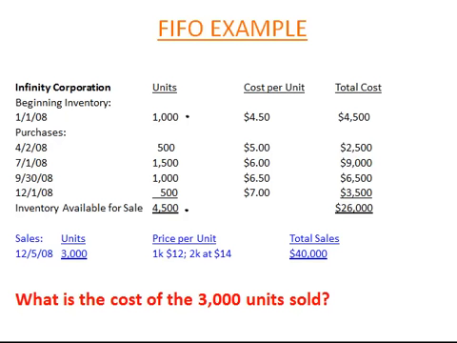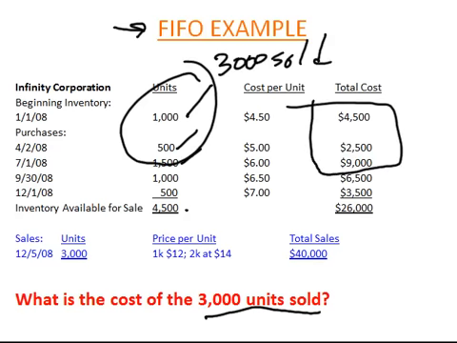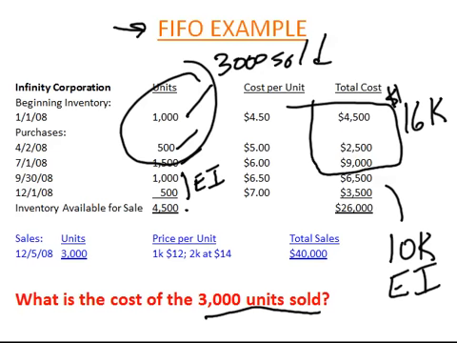If we sold 3,000 units, the FIFO assumption is that these were the first ones sold, then these 500, and then these 1,500. In total, these would be our 3,000 units sold. The cost of goods sold, therefore, would be $16,000. These 1,500 units would be assumed to be on hand at the end of the period, and our asset value would therefore be $10,000.